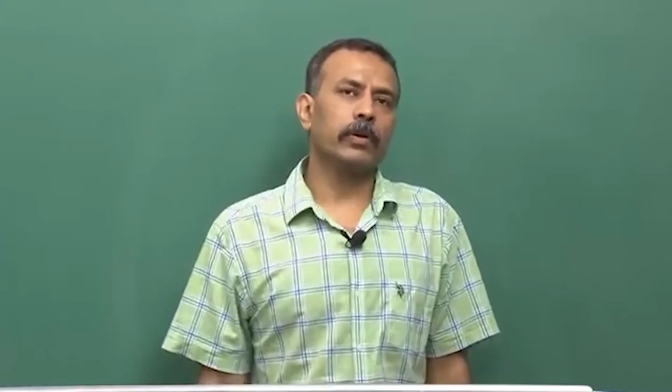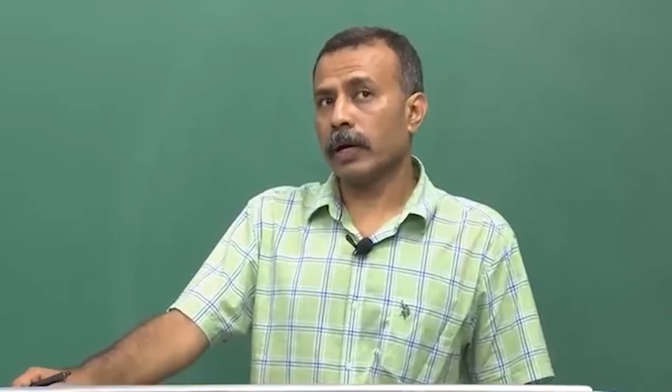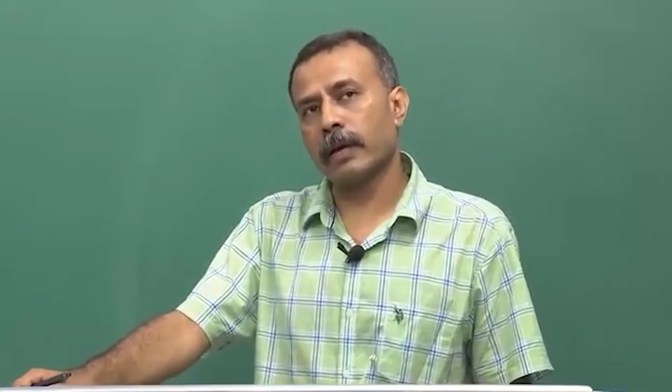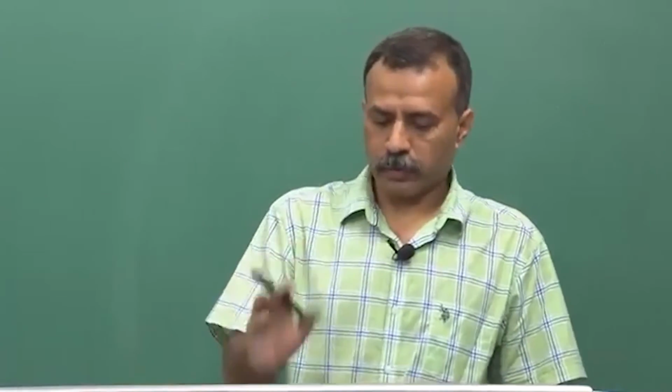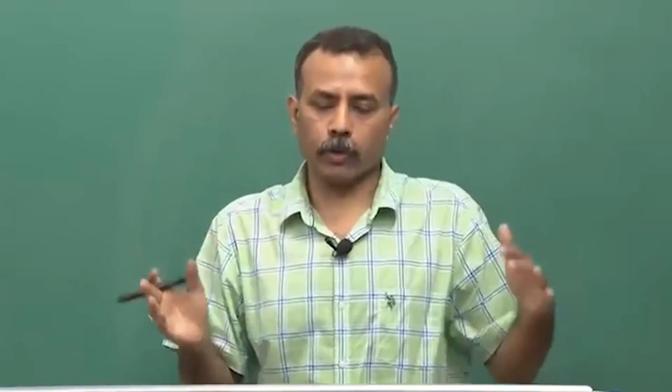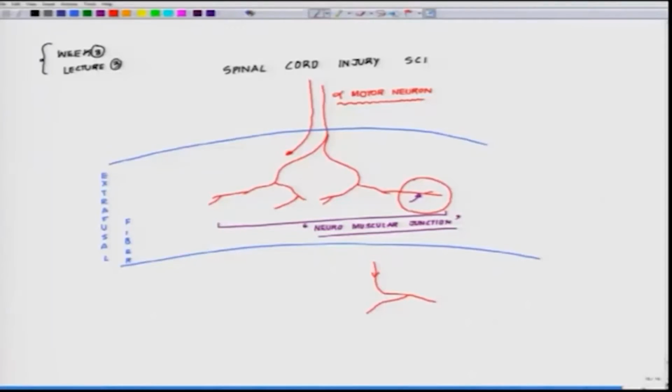The gamma motor neurons come back and synapse on the muscle spindle, whereas the alpha synapse on the extrafusal muscle to bring back their length. So now this is the backdrop of the story. Let's see what is happening at this site.